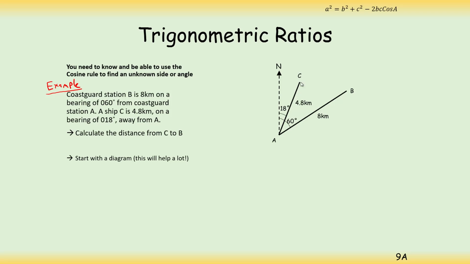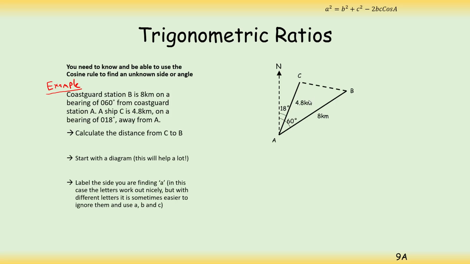Now if we join B to C, we can now work on finding this distance here. It's opposite the angle A, so we can put small a here. Opposite B is 4.8, so that's small b, and opposite C is small c.